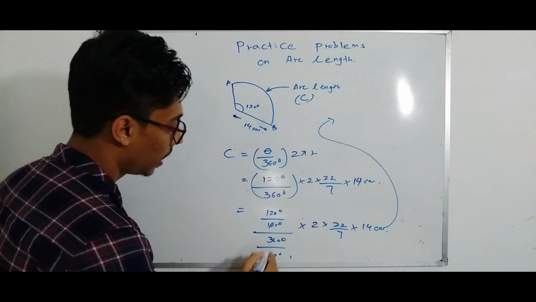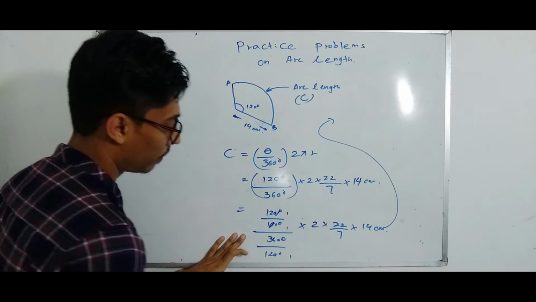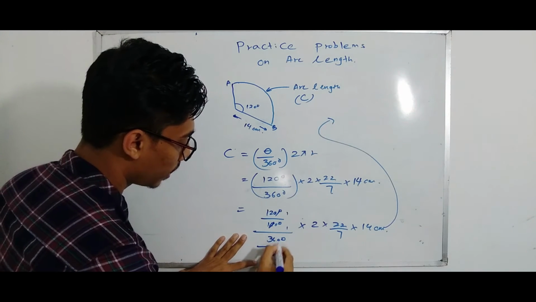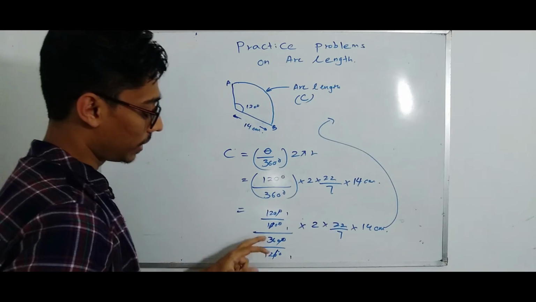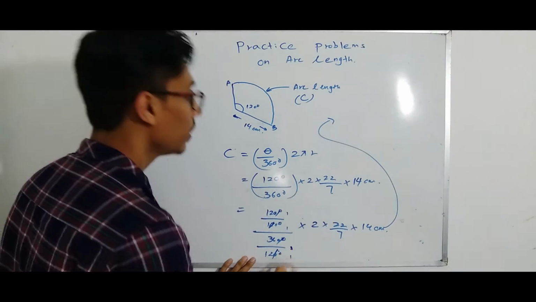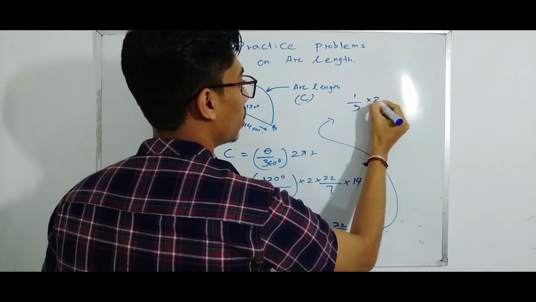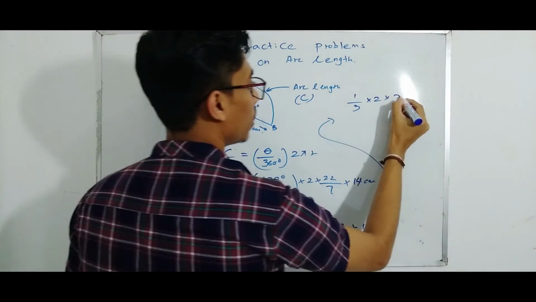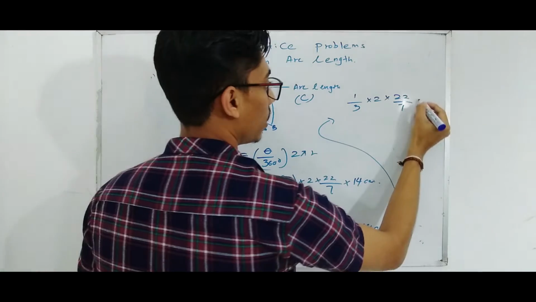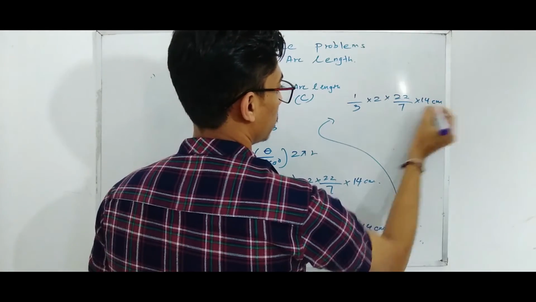I can divide 120 by 120, I get 1 and 1. I can divide 360 by 120, I get 3 here. So 1 over 3 into 2 into 22 upon 7 into 14 centimeters.